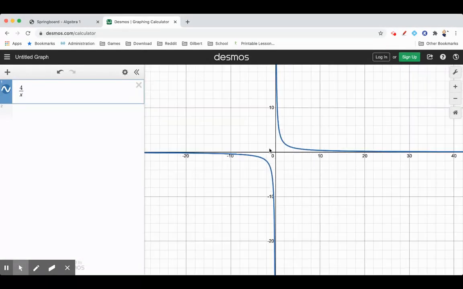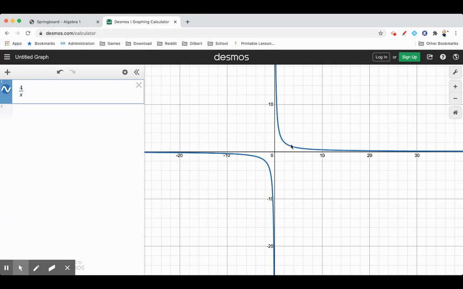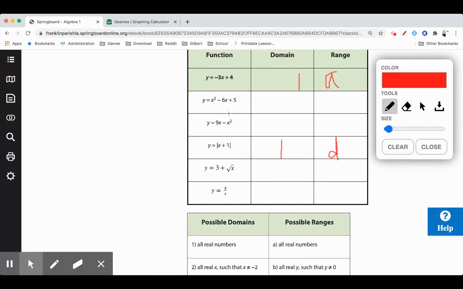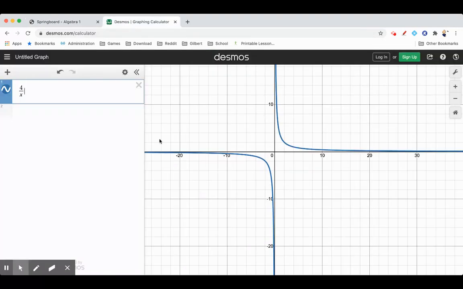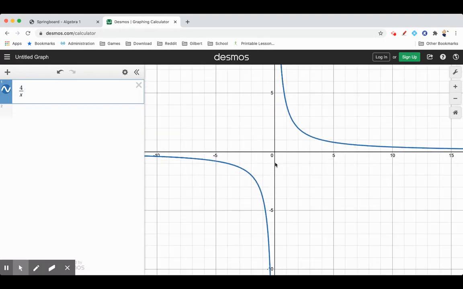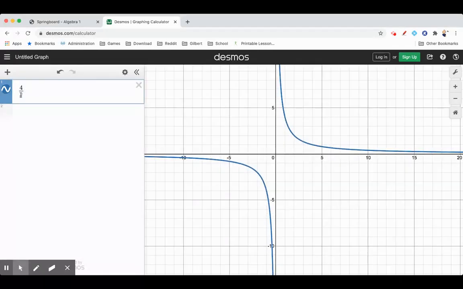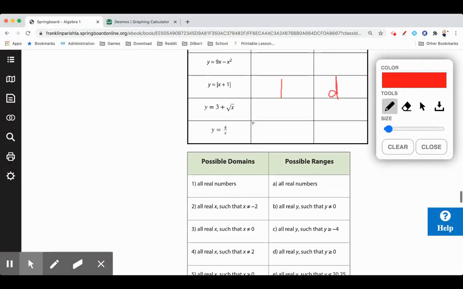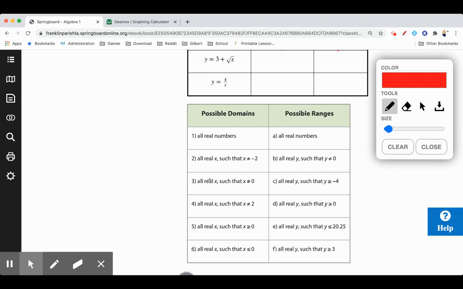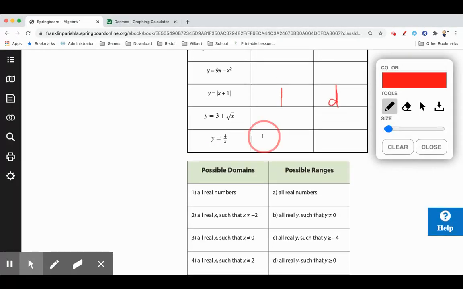And we see right here, we can zoom in and out, that the domain is negative infinity up to, and then it won't touch 0 because you can't divide by 0. I can already tell that 0 is not in the domain. It's not covered by this line, and it goes into positive. So everything except for 0, all the numbers except that it cannot be 0, 3.